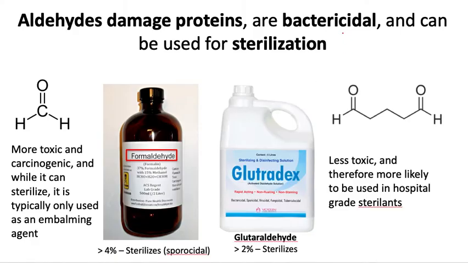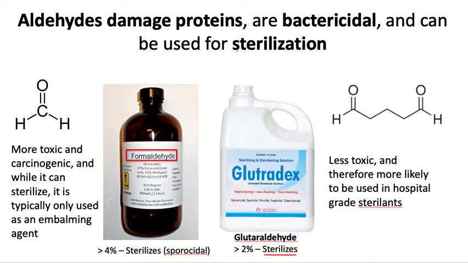Aldehydes include formaldehyde and glutaraldehyde. Glutaraldehyde is less toxic, so this is the one that's found in hospital grade sterilants, and it does sterilize. All aldehydes damage proteins, they're bactericidal, and they can be used for sterilization.